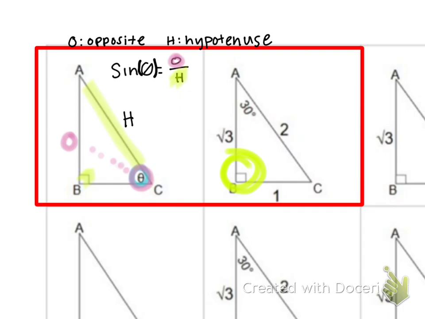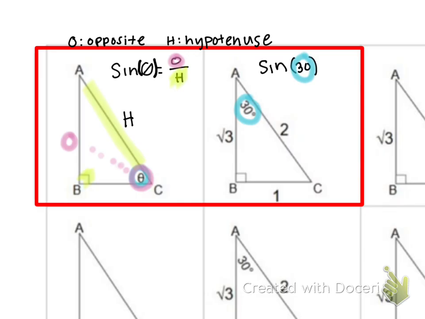on that picture. So for this one, I'm telling you that we're going to be using sine, okay? So I want you to build that ratio with the two sides that correspond with sine. So remember, the first thing that you do is always look for your angle. Your angle is going to be that 30 right there, okay? Now for sine, I need opposite and hypotenuse.